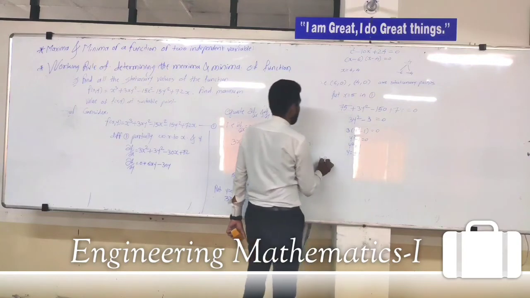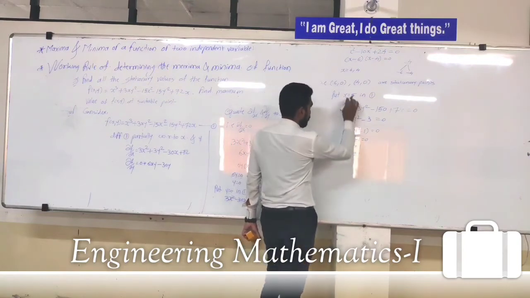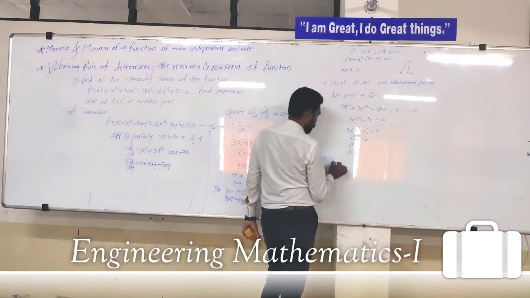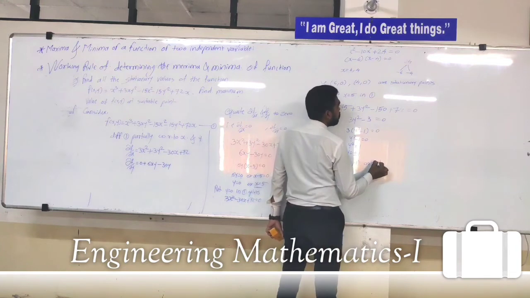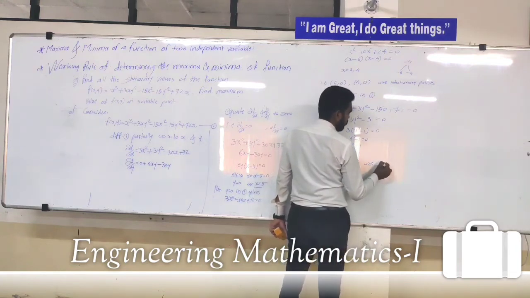That is 5, 1 and 5, minus 1 are stationary points.